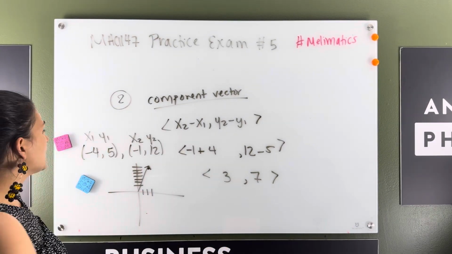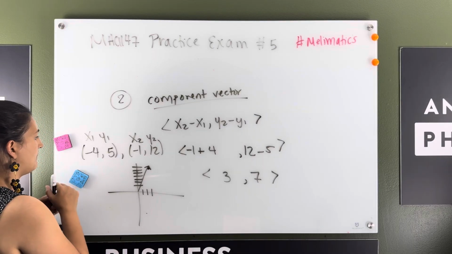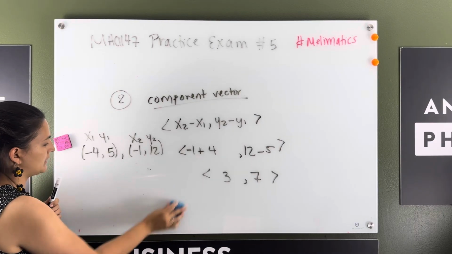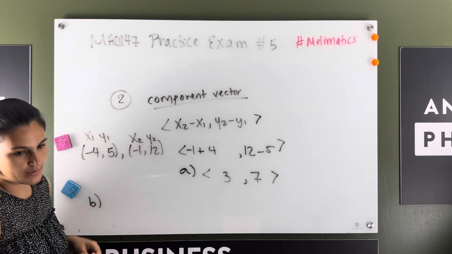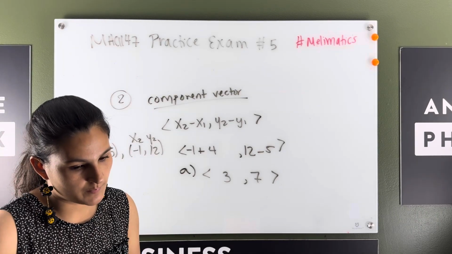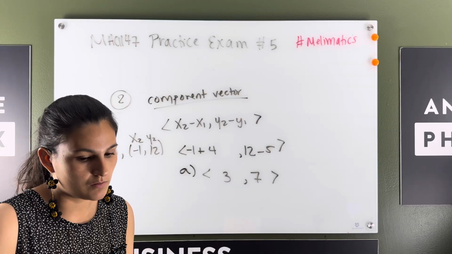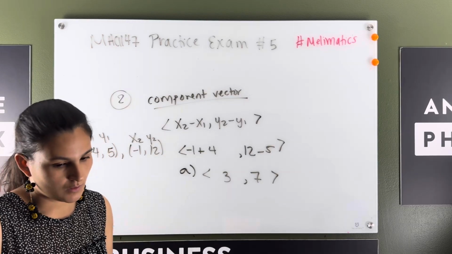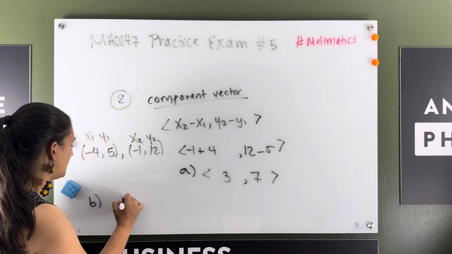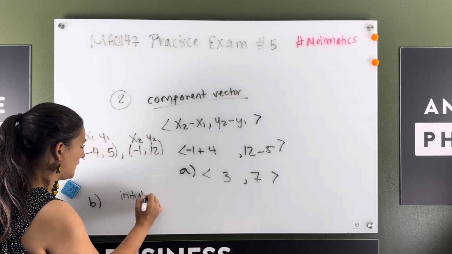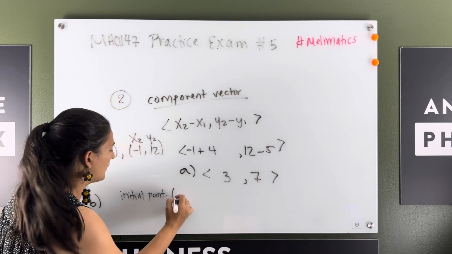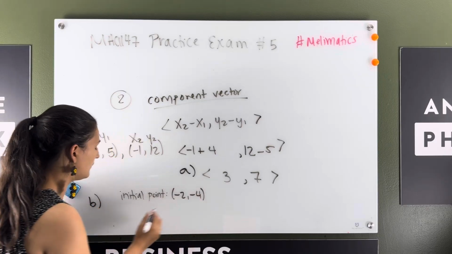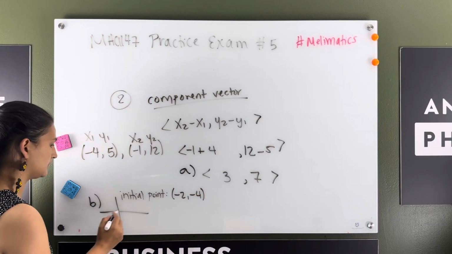Once we find the component vector, that's part A, we can do the second part that it's asking us for. Part B is asking us, if V is placed with initial point somewhere else, what would the terminal point be? We've done this in class. Let's say now I want the initial point to be at -2, -4 instead of 0, 0.